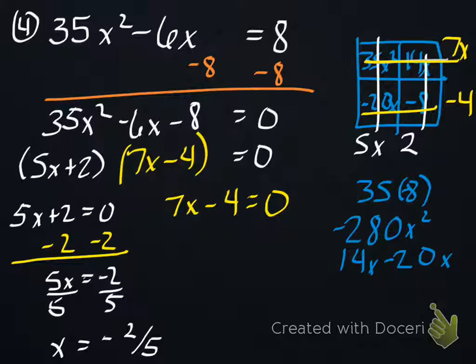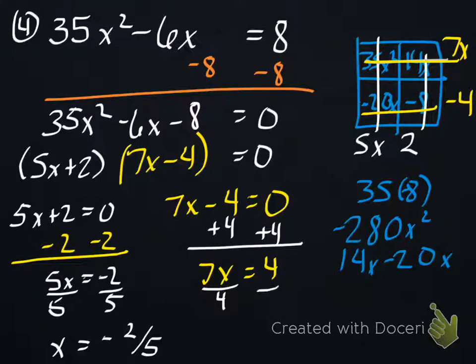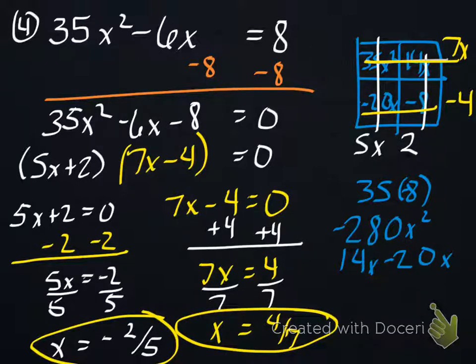On the other one, we're going to start by adding 4 to both sides. 7x is equal to 4. Divide both sides by 7, excuse me. And we end up with x is equal to 4/7. So those are my two solutions.